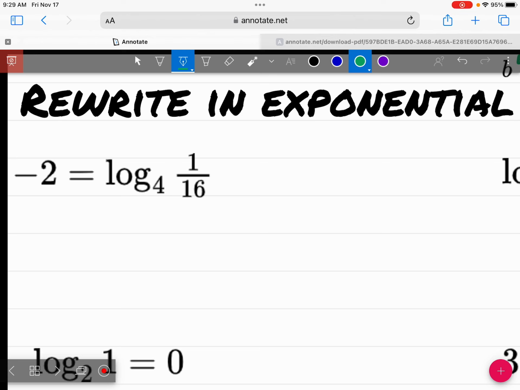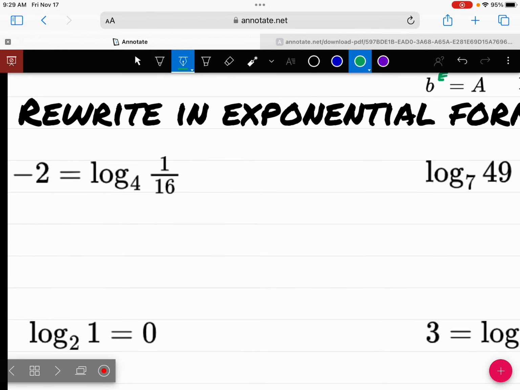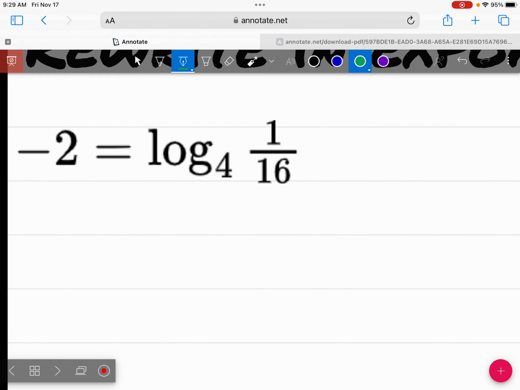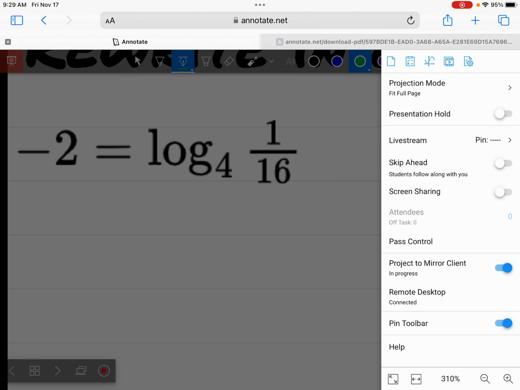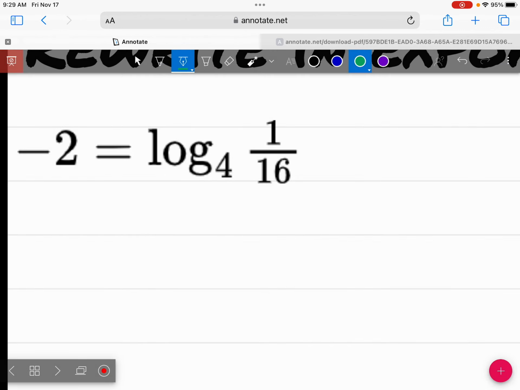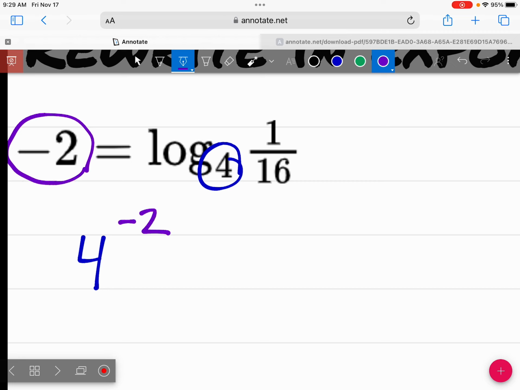Okay, so we're just going to switch them around. So negative 2 equals log base 4 of 1/16. How do we write this as an exponent? As an exponent. Yep. So our base is 4. Our power, or our exponent, is negative 2.